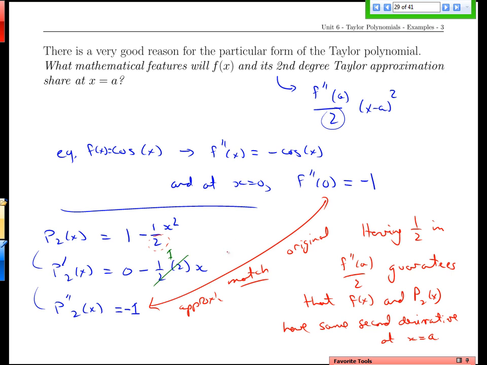If we didn't have that 2, when we differentiated our approximation, we'd get an extra 2 we don't want. So having that 1/2 in the denominator when we look at the multiplier here matches these two functions better than we might have guessed if we hadn't done the calculation. So it becomes very important to have that over 2 part.